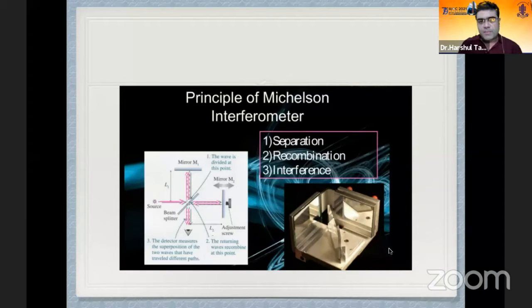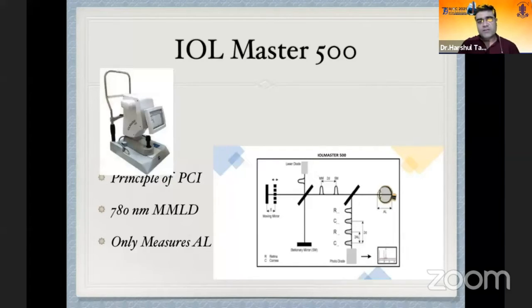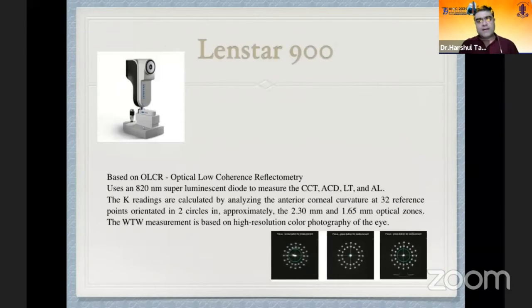So this is the basic principle of the Michelson interferometer which was utilized. The IOLMaster 500 uses a 780 nanometer multimode luminescent diode, whereas the Lenstar uses an 820 nanometer superluminescent diode.